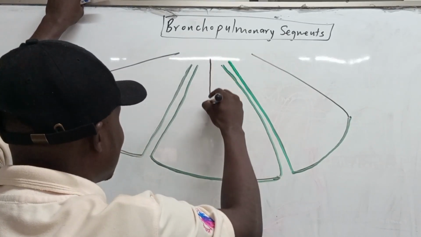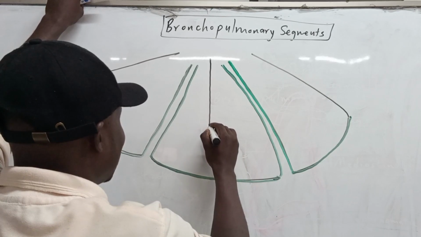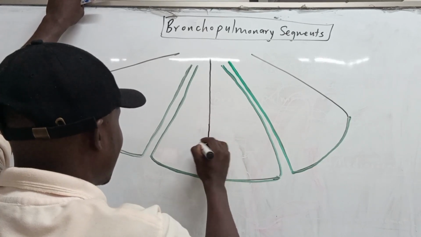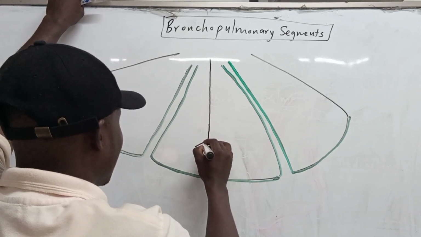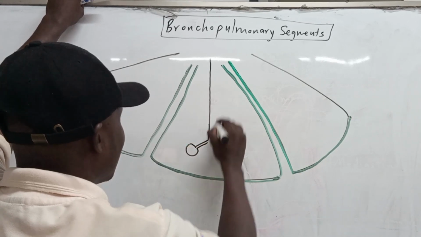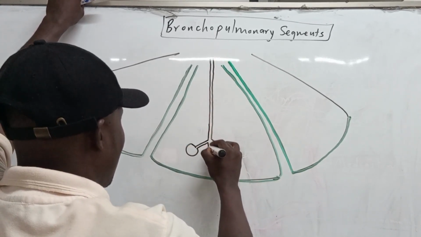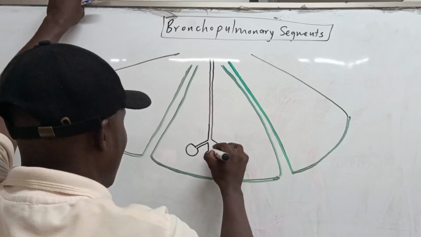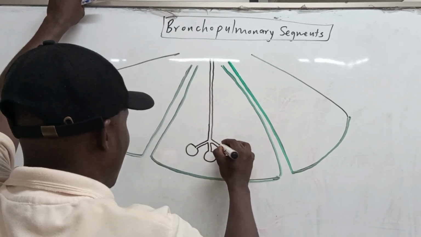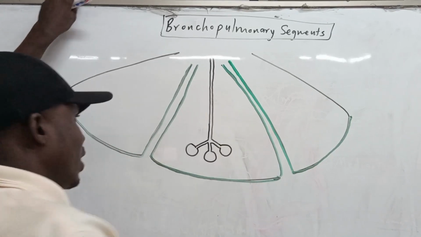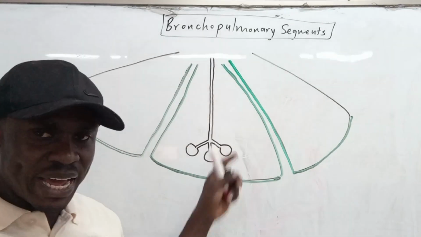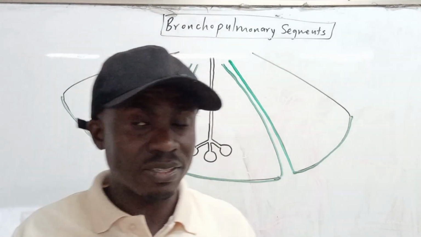So, for instance, I may have my tertiary. Now, these represent the alveoli of the lungs, you know that.